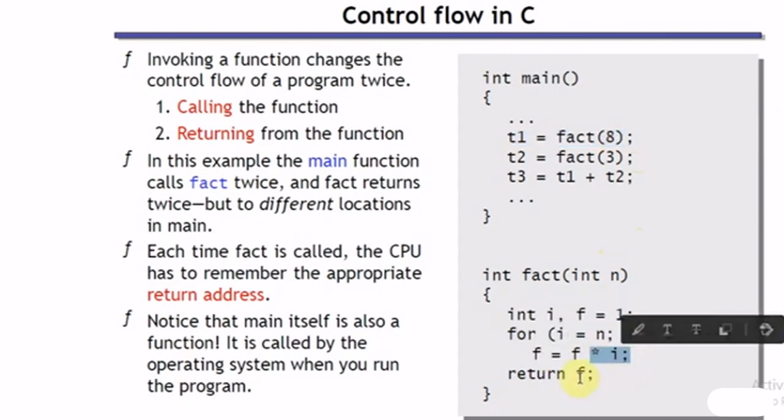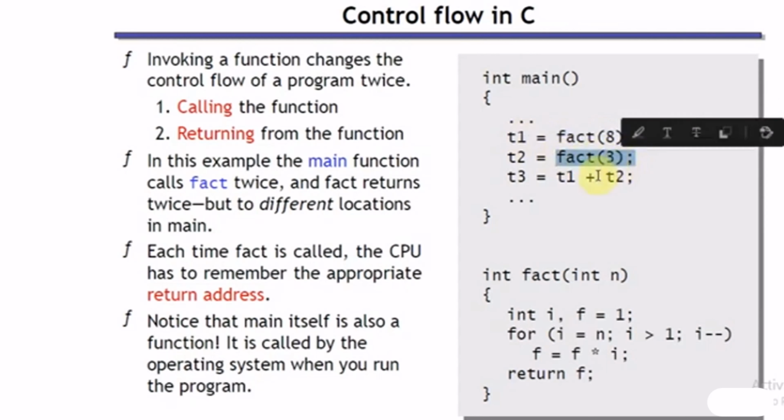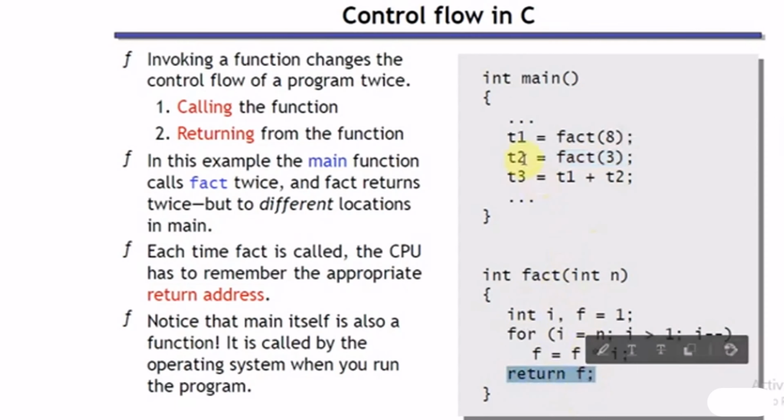After we compute the factorial and reach the return instruction, we should come back to the caller program. We restore the return address, and in this way, we come back exactly to the part that we should. Again here we call the same function, so we execute the same code in the memory.